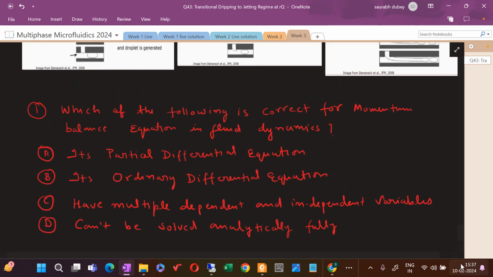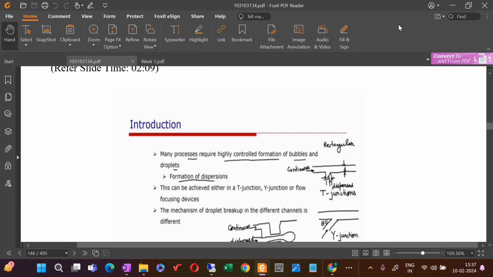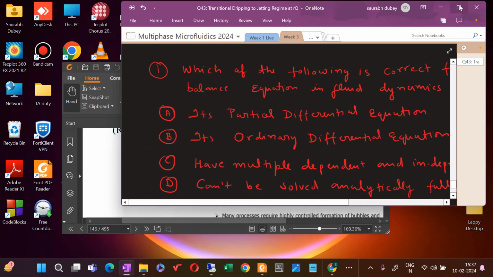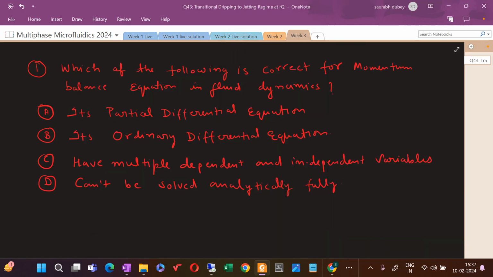So this particular question is which of the following is correct for the momentum balance equation. Option A says it's a partial differential equation. Another option says it's an ordinary differential equation.